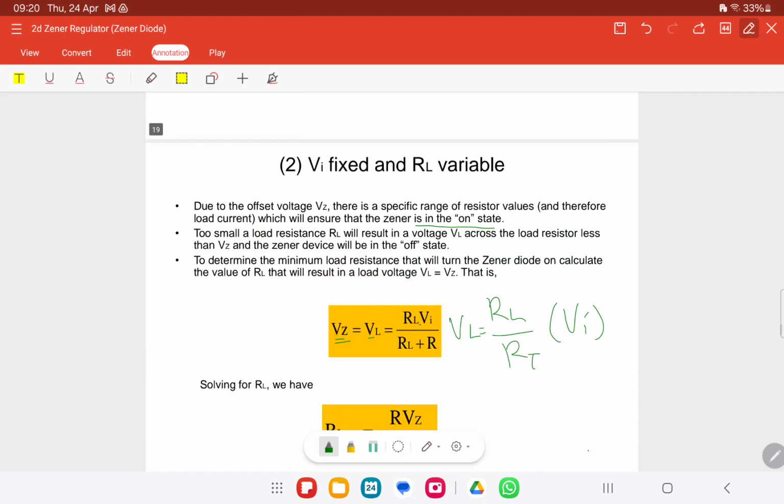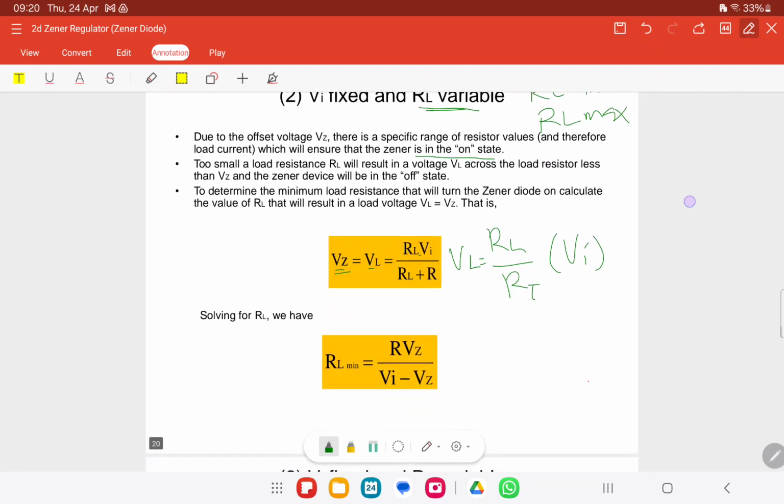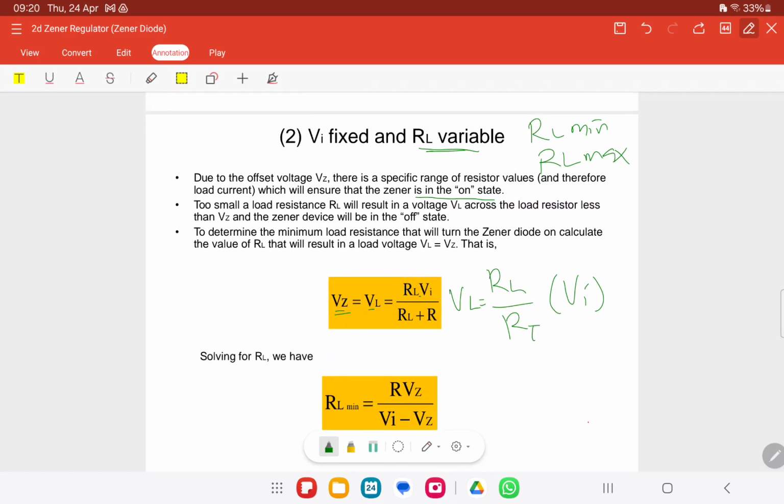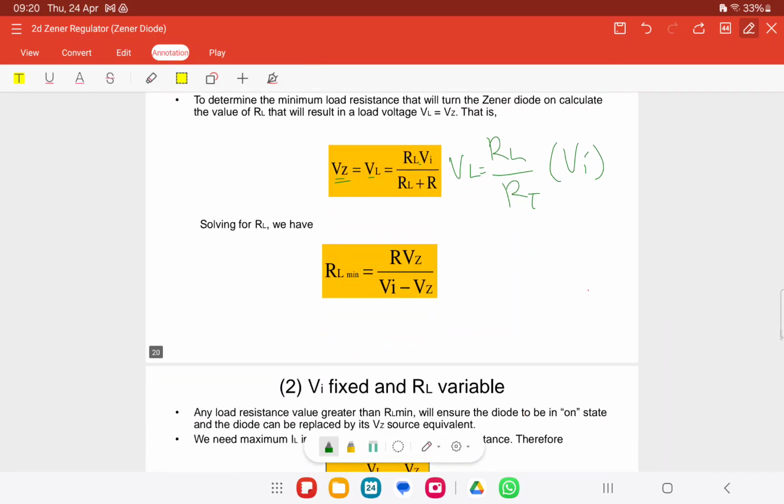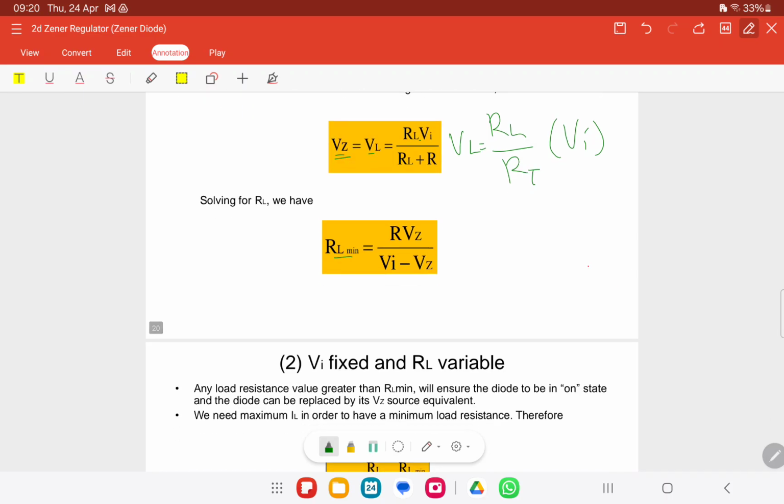Okay, now it is vary RL. So kita ada RL min and also we have the RL max. Okay, when we have the RL vary, the I current in the load resistor also we have min and max. Okay, so this is for RL min. The first one is we assume RL min R over V supply minus the VZ.